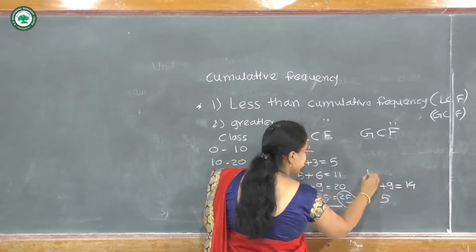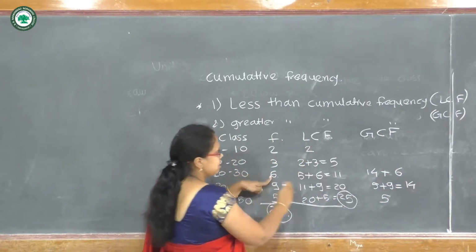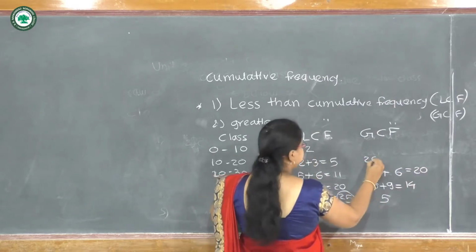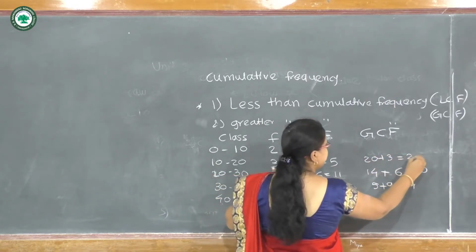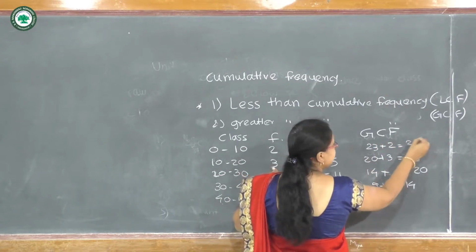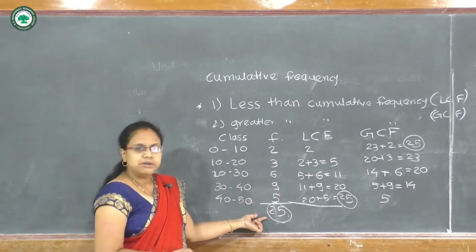Then this 14 plus 6, which gives us 20. Then 20 plus 3, which is 23, and this 23 plus 2, it is 25. So we can cross check that this number is the same as total frequency.